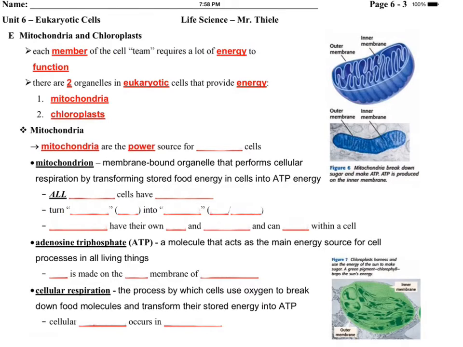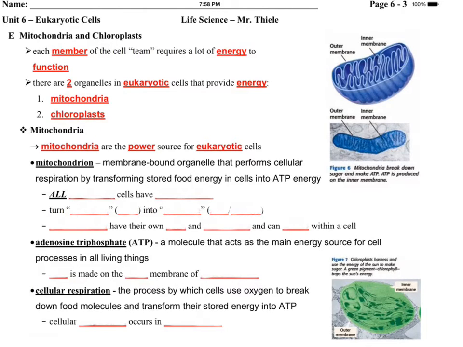Mitochondria are the power source for eukaryotic cells. Mitochondria is actually the plural of the word mitochondrion, which refers to a single one of these organelles. These are membrane-bound organelles, which means we do not find them in prokaryotes. They perform a process called cellular respiration, which is essentially the last step in digesting your food.